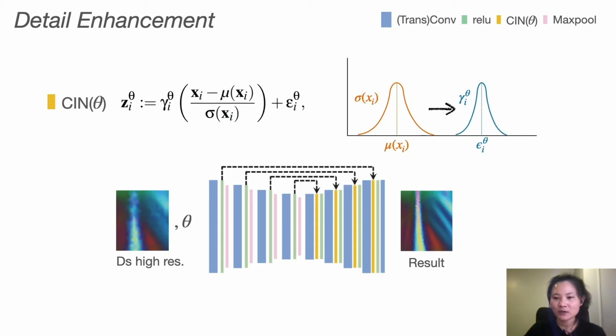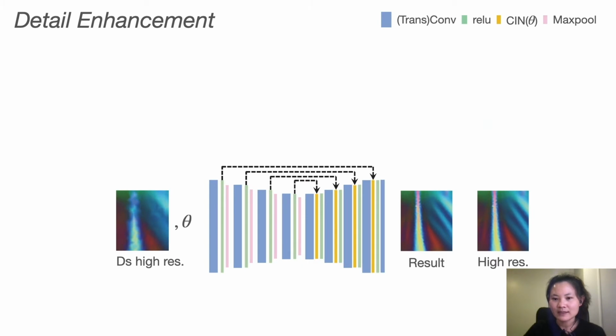We designed the decoder using conditional instance normalization to adapt to different material types. Specifically, given a material type theta, the activation of layer i is x_i. We shift and rescale x_i to get z_i by the learned mean vector and the standard deviation computed based on the material type. The detail enhancement network aims to transfer the detail patterns from the high-resolution to the low-resolution normal map.